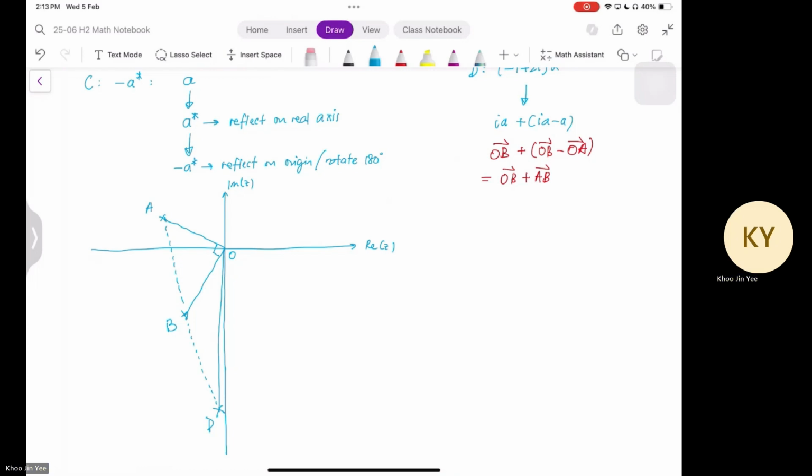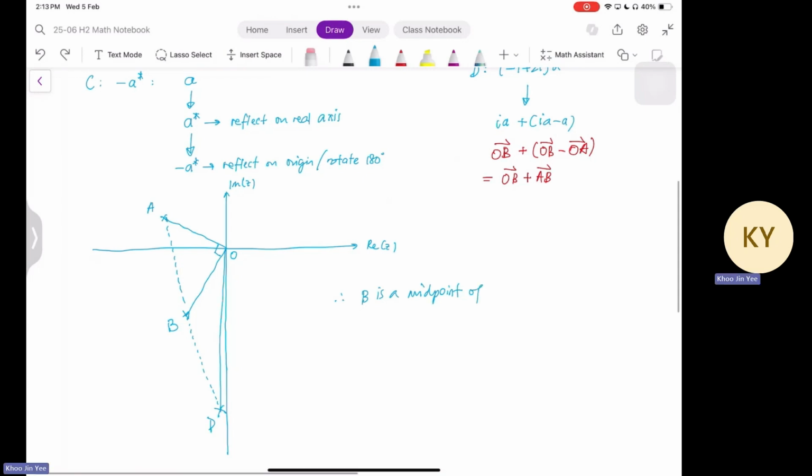They want A, B, D: B is the midpoint of A and D. One line AD. If you want to be a bit more fancy, A, B, D is collinear.